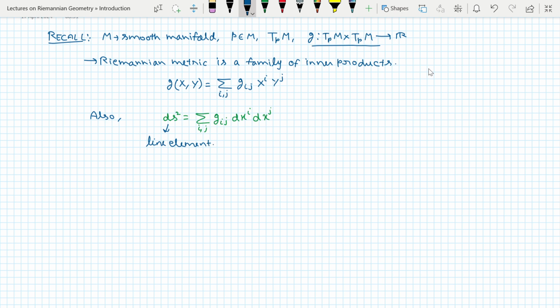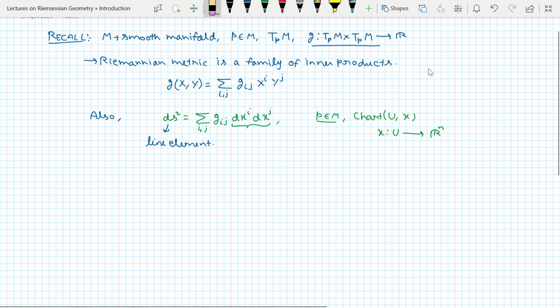Now, let me first explain these things here, dxi and dxj. These xi and xj are actually the component functions. You are in the manifold at the point P belongs to M. So corresponding to this point, you have the chart u comma x. This x is the map from u to Rn, or to some open subset, not exactly Rn.